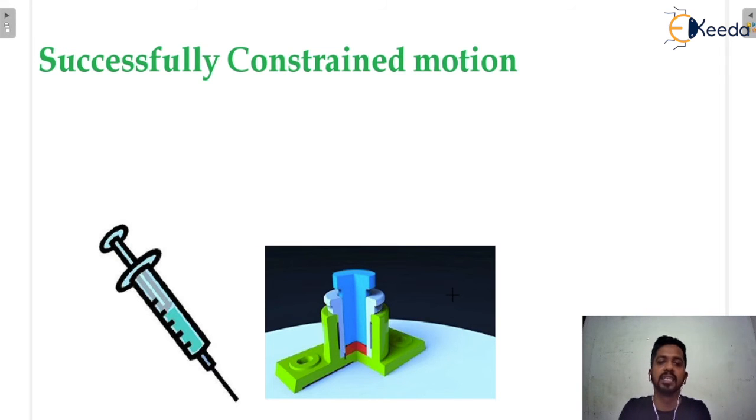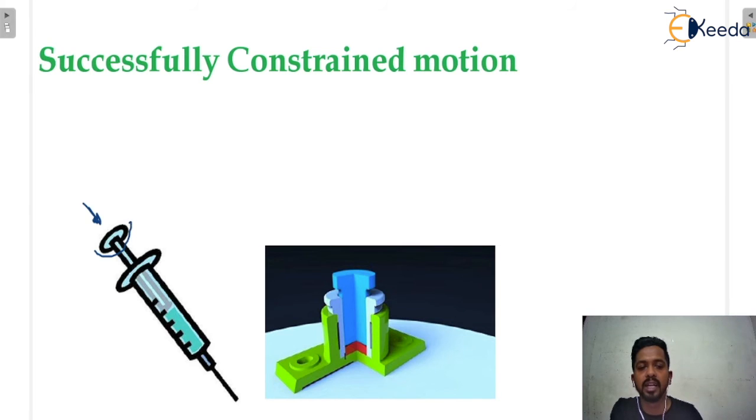And the second is successfully constrained motion. You have seen the injection here. Practically, when we push it, then we can say our injection is useful. The injection is useful when we push it from the top.